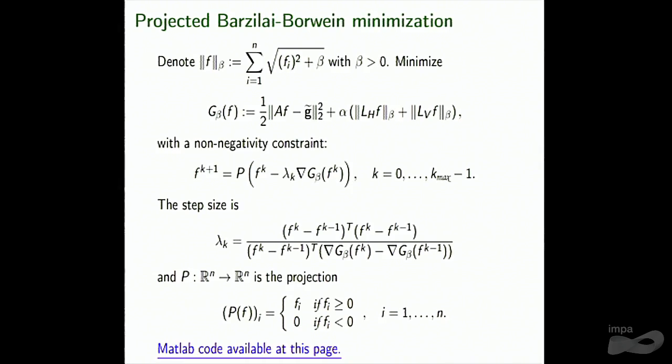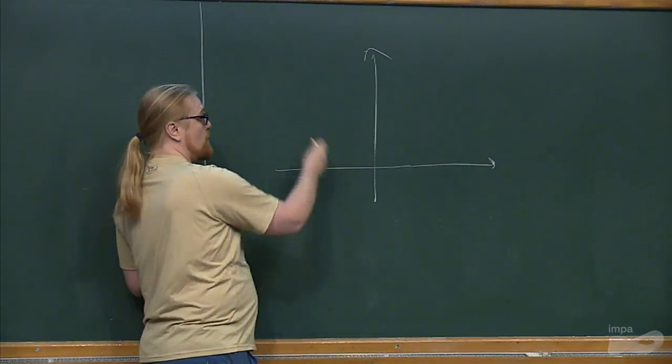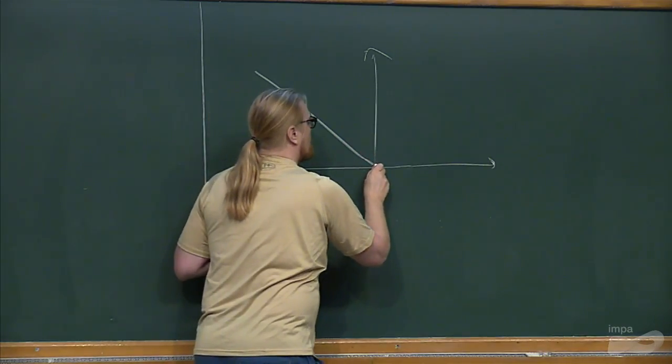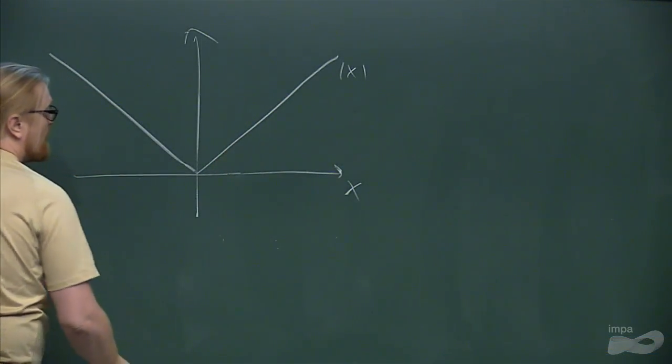So here we use the well-known trick of introducing a small number beta, and instead of the absolute value, we use this one, the square root of the element of f squared plus beta. So the absolute value function looks like this. If this is x, this is the absolute value of x.